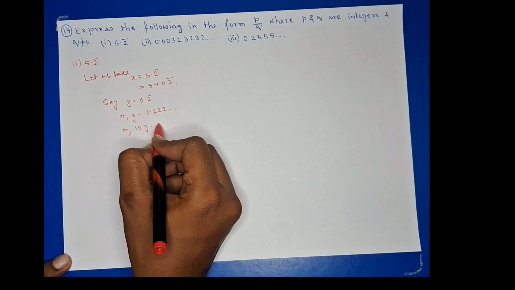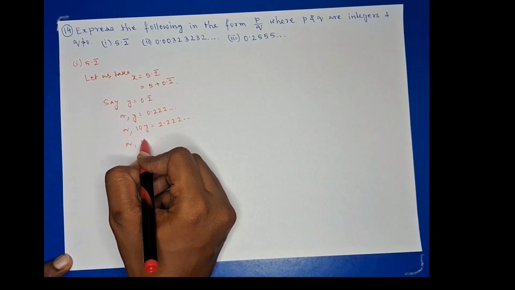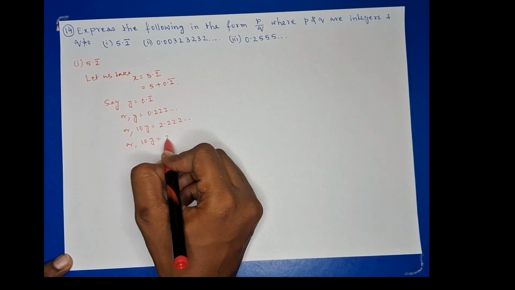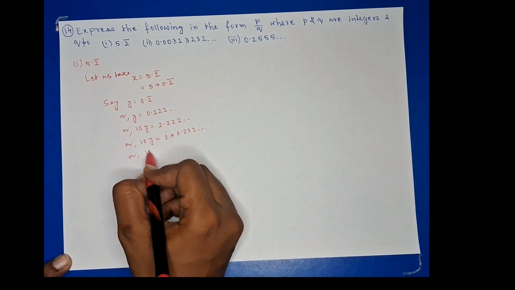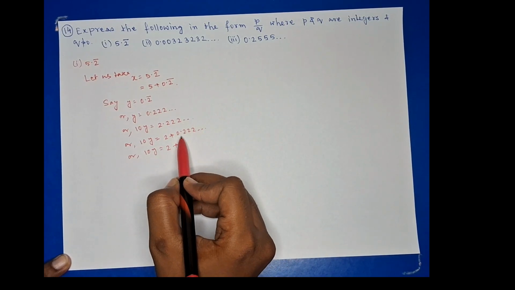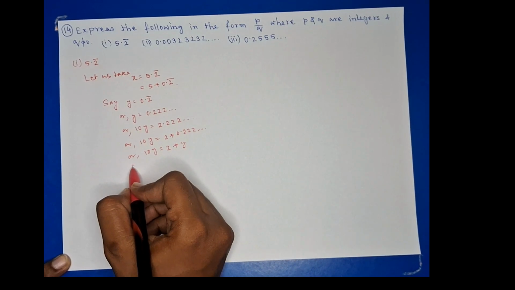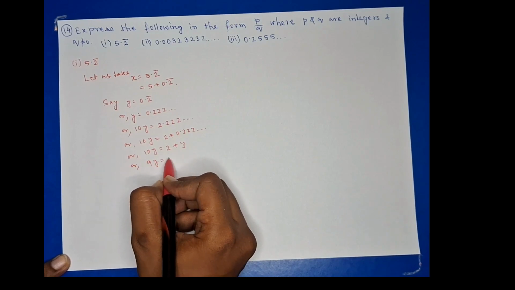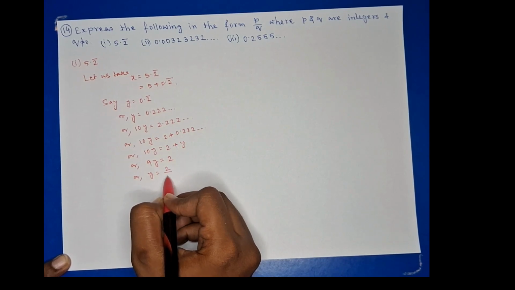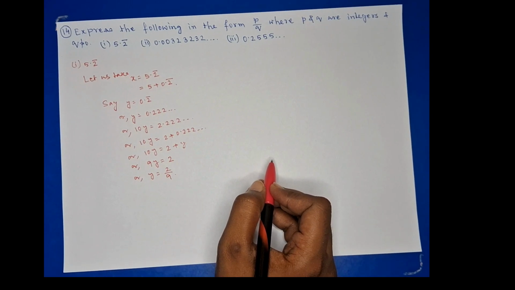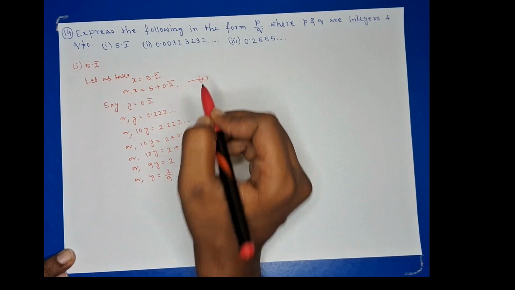So 10y is equal to 2.222 dot dot dot, or 10y is equal to 2 plus 0.222 dot dot dot. Since 0.222 dot dot dot is equal to y, we can write it as 10y is equal to 2 plus y, or 9y is equal to 2, or y is equal to 2 by 9. Let us take this as equation 1.